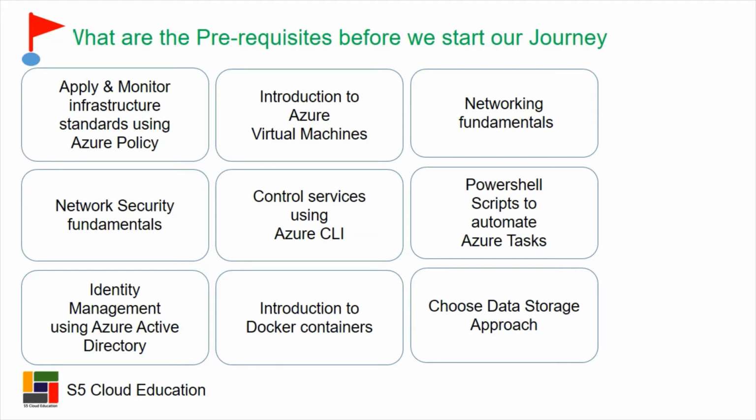PowerShell scripts to automate Azure tasks. 7. Identity management using Azure Active Directory. 8. Introduction to Docker containers. 9. Choose data storage approach. These prerequisites can be found in the Microsoft Learn page AZ-104, Prerequisites for Azure Administrators.